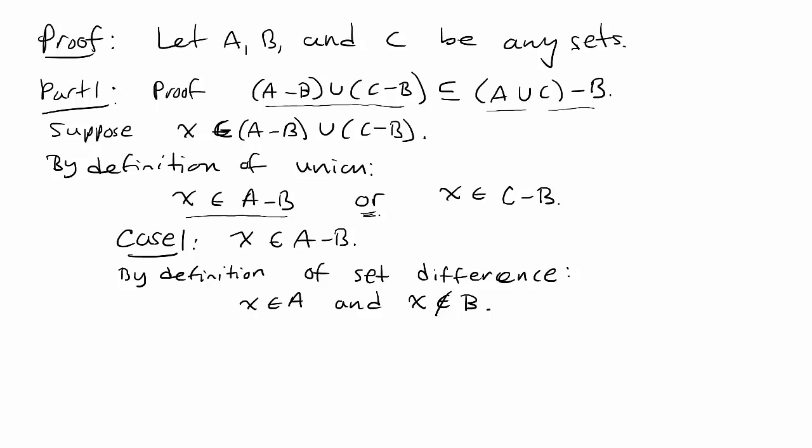If you look at this proof and compare it to the one we did previously, we had an intersection there, and so case 1, case 2 wasn't necessary because the intersection meant that your element X had to be in both of those things. Here, because X doesn't have to be in both, it just has to be one or the other, that's what gives us the cases.